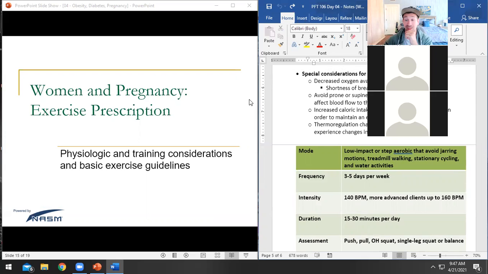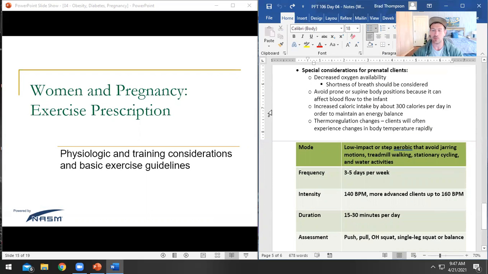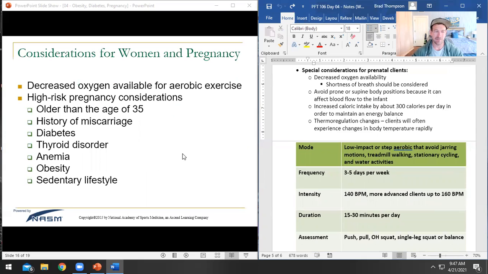So let's take a look at women and pregnancy, right? So special considerations for our prenatal clients. Decreased oxygen availability during aerobic exercise. So one thing to be aware of is, you've got a pregnant client with a limited amount of blood and a limited lung size.